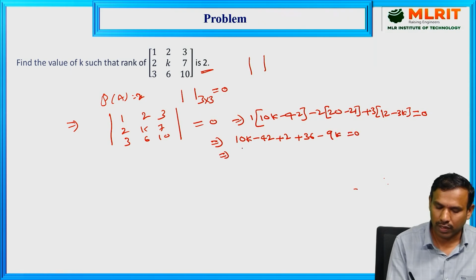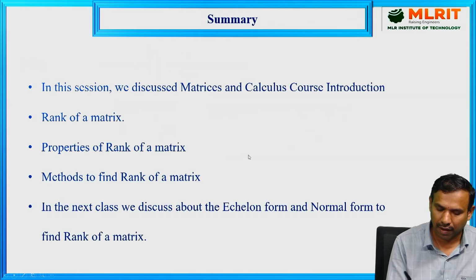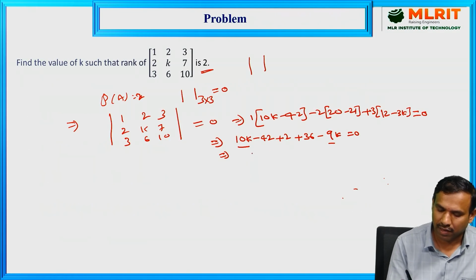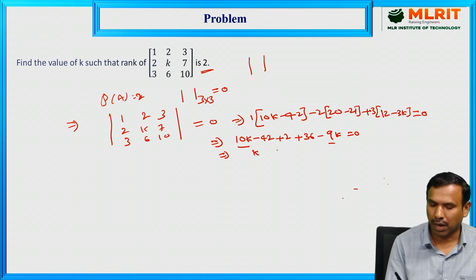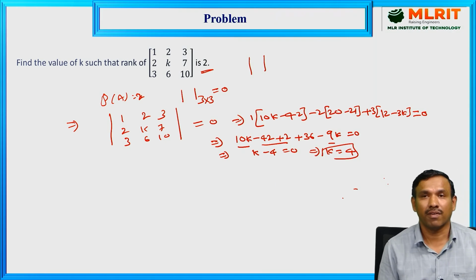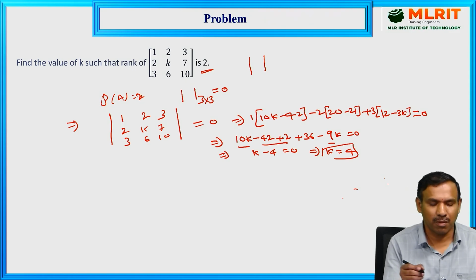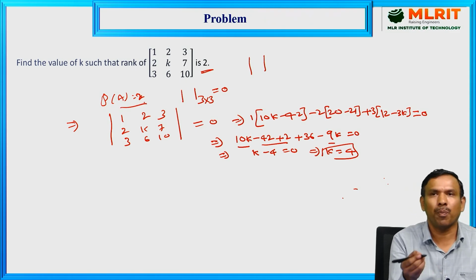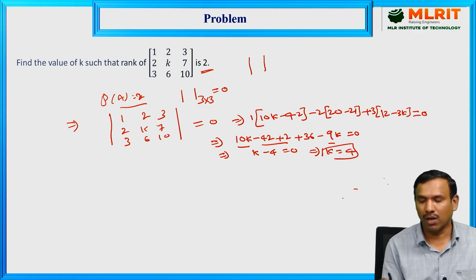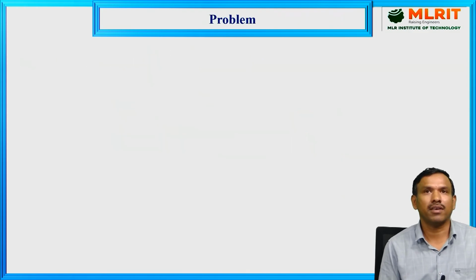So 10k minus 9k is k, and minus 42 plus 20 minus 21 plus 36 gives minus 7 plus 3... in total k equals 4. So like this, we can find unknowns when a matrix is given and some rank is mentioned. Here the concept is: for rank 2, the 2 plus 1, that is 3 by 3, minor, the determinant of the given matrix, must be 0. We got the k value, right?